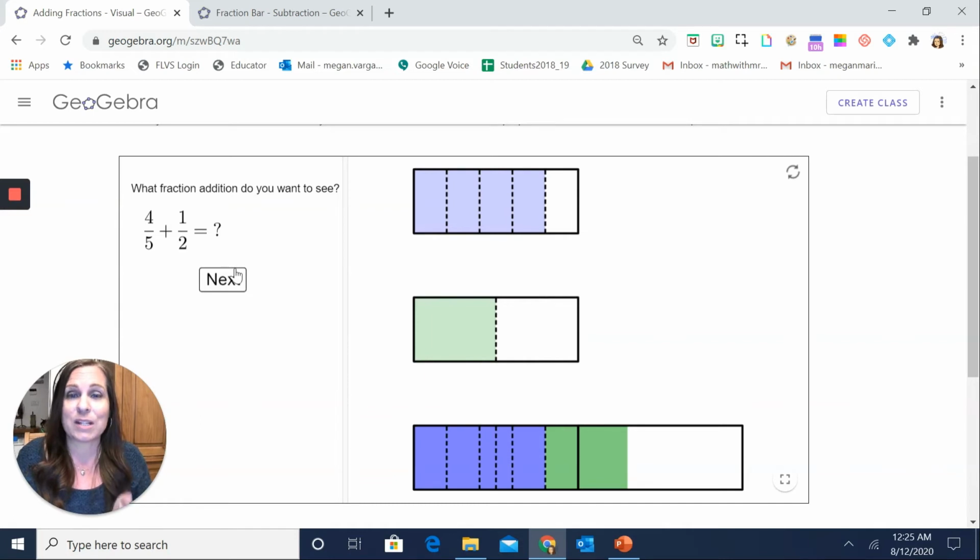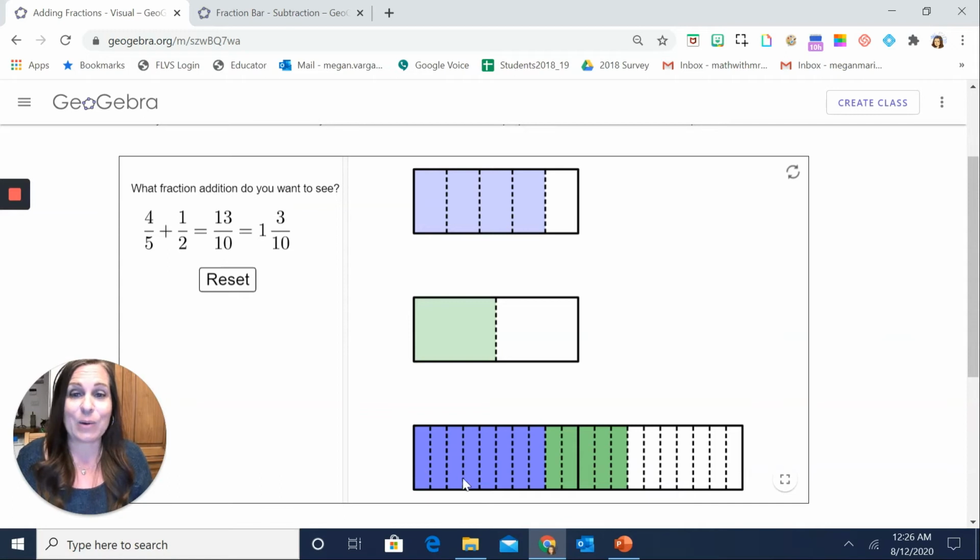So I'm going to bring down these cuts of 4ths and the half, and you can see it makes a very skinny rectangle. So now we're going to cut the whole shape into those skinny rectangles, and you can probably guess how many rectangles per unit. There are 10, right?